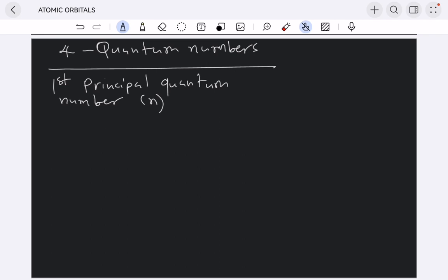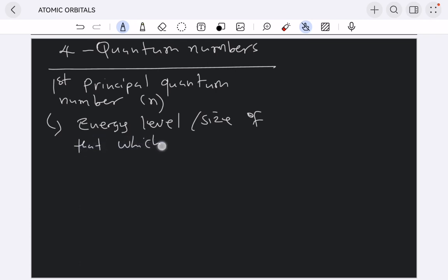So the principal quantum number just describes the energy level, and the size of that which an electron occupies. So the energy level that is occupied by that particular electron.